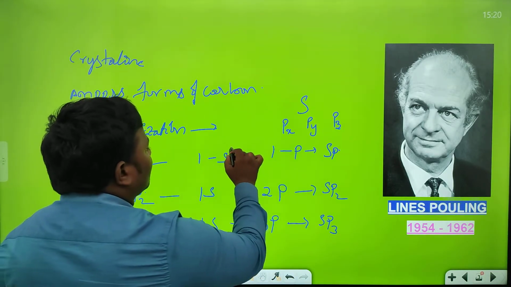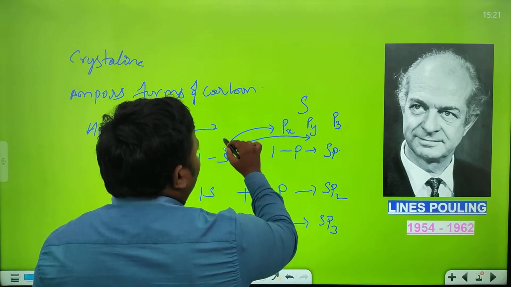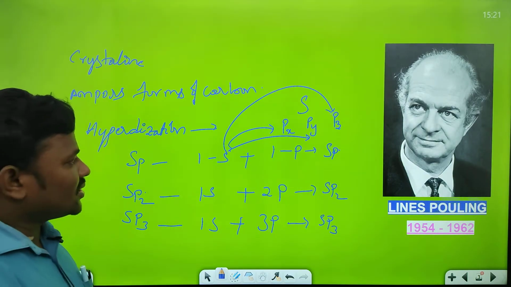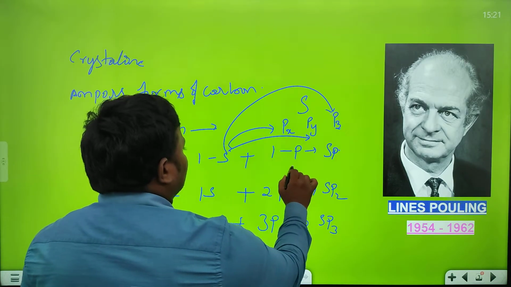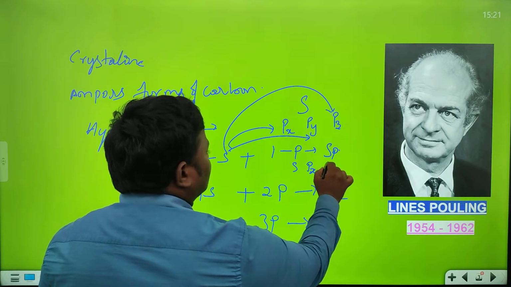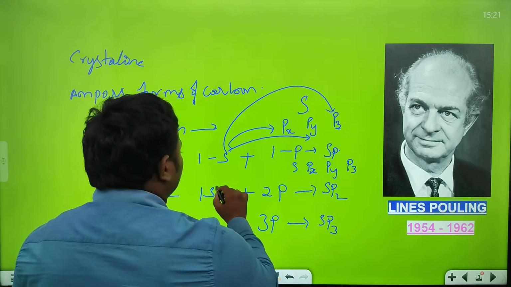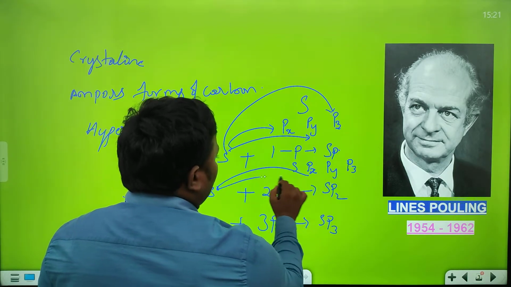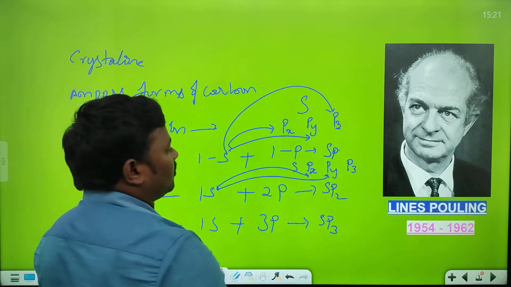sp hybridization takes place with any one of the p orbitals, either Px or Py or Pz, combining with the s orbital to form the sp hybridization. In sp2, the s orbital directly involves Px and, at the same time, Py, or Py and Pz.